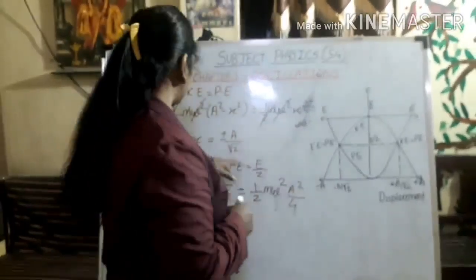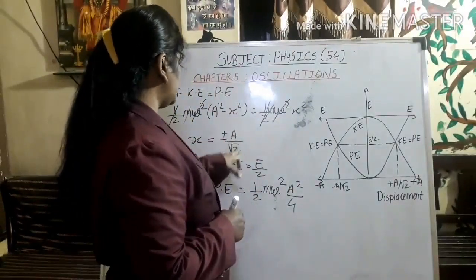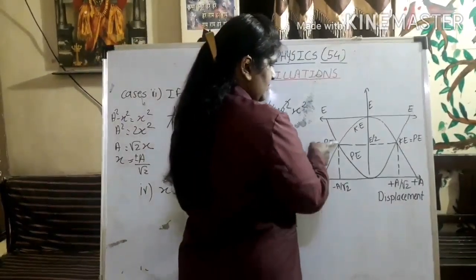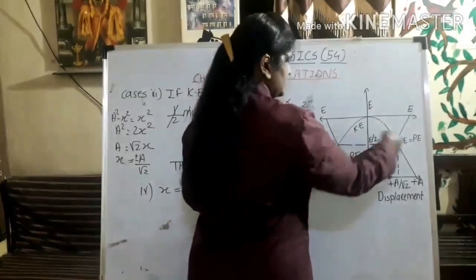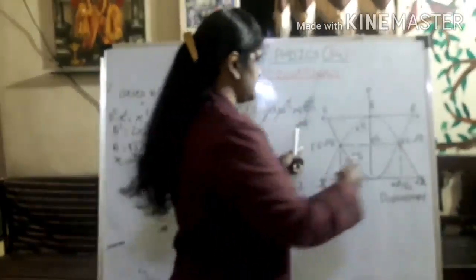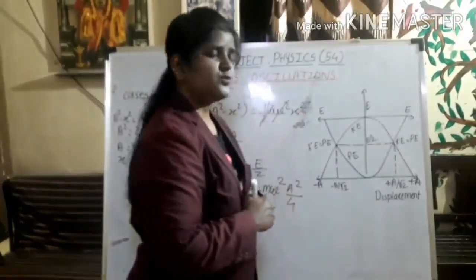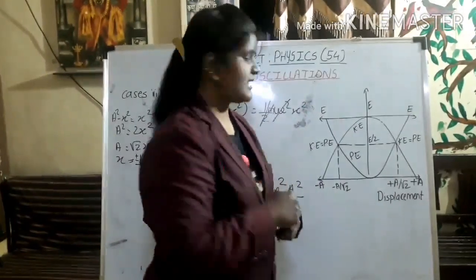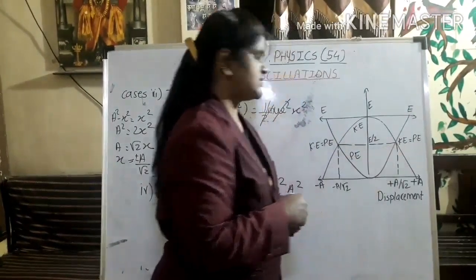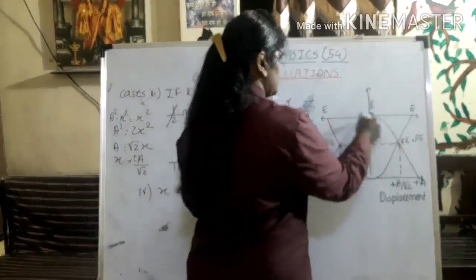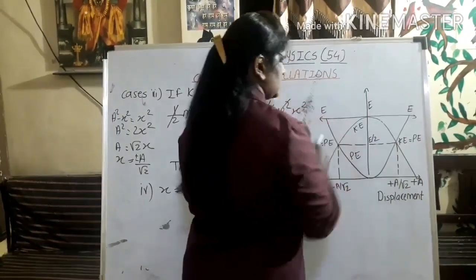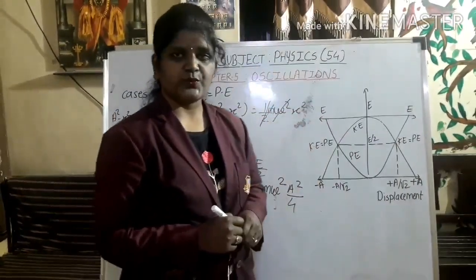As we have said, at a by root 2 both the energies are equal. So I have written over here kinetic energy is equal to potential energy, because at a by root 2 both are same. And for both the cases I have taken this 0.